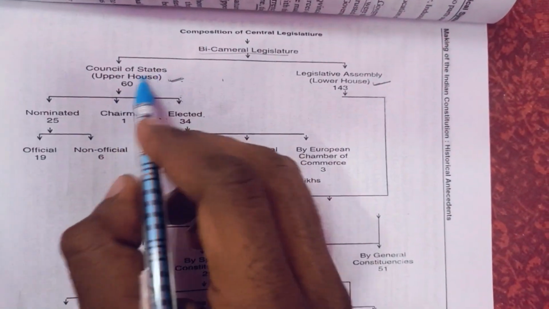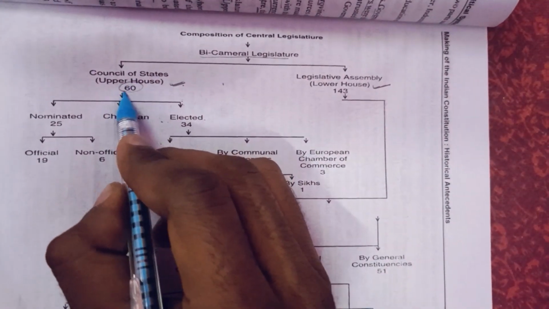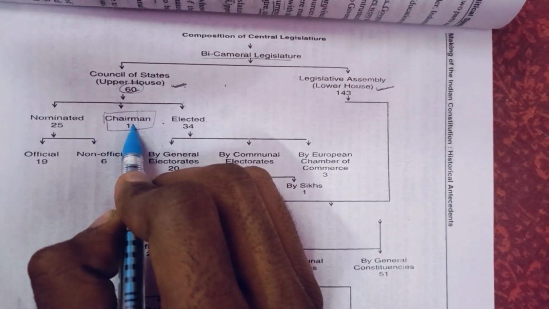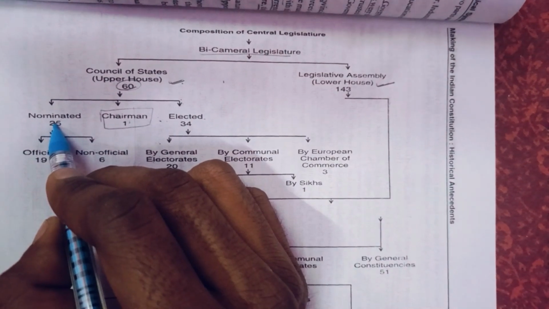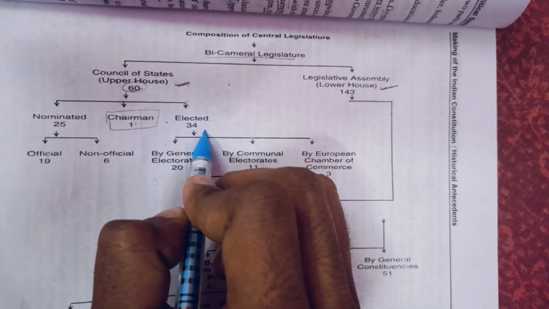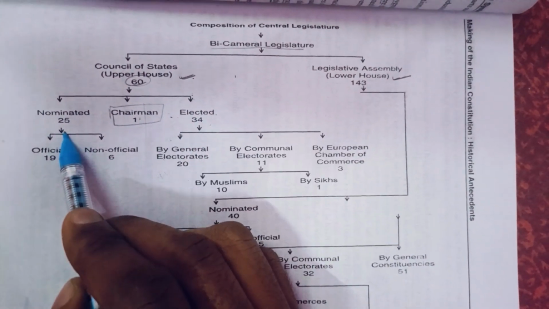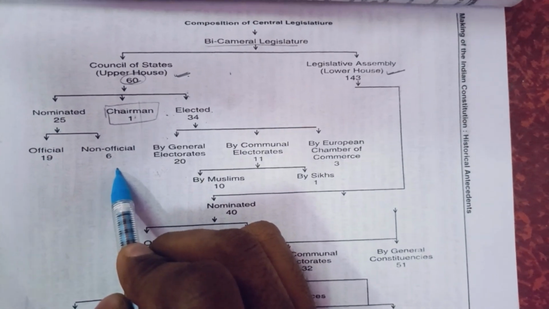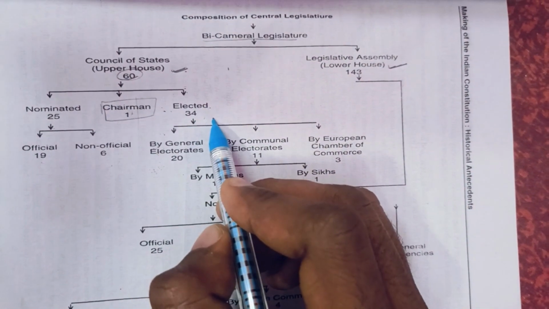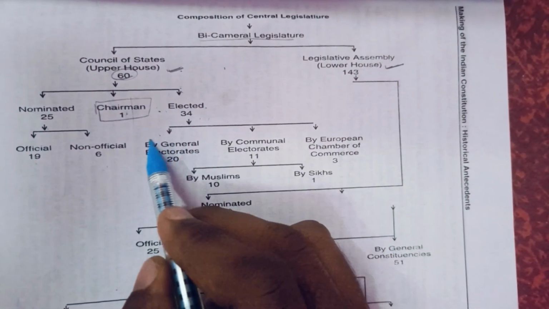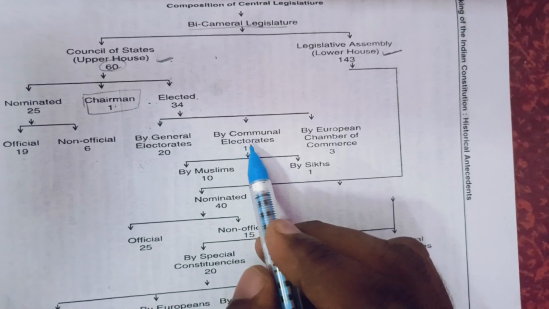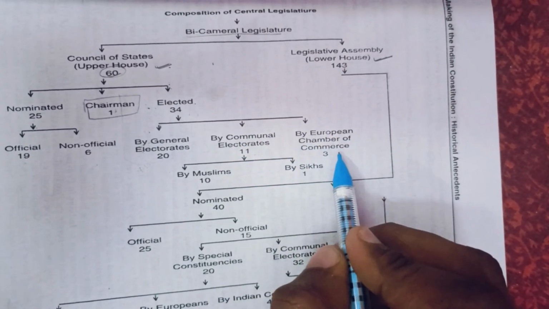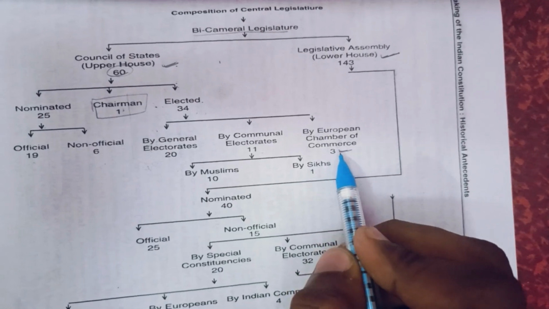In the Council of State there were 60 members: one was to be chairman, appointed by the Governor General, 25 were to be nominated, and 34 elected. Of the 25, 19 were official members and 6 non-official. Of the 34 elected members, 20 were elected by general electorates, 11 by communal electorates, and 3 by the European Chamber.